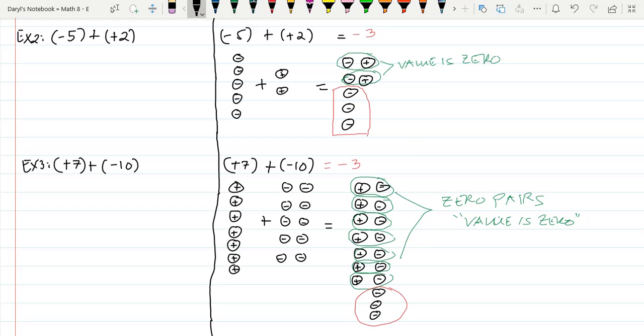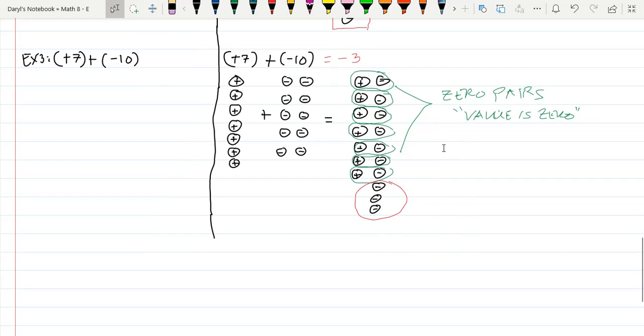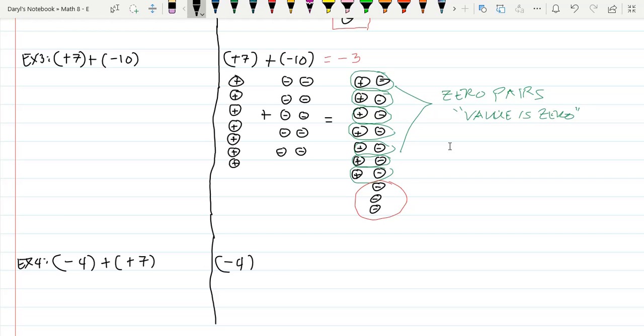Let's take one more example, and then let's generalize what we observed based on the use of the chips. Example number 4: how about if we have negative 4 added with positive 7? Again, they have different signs.